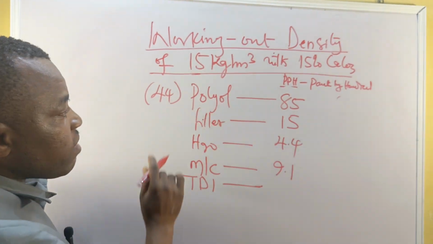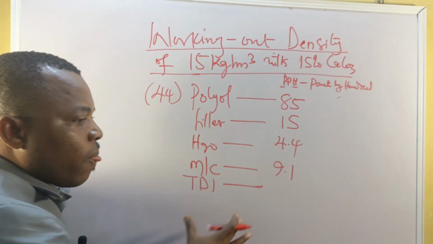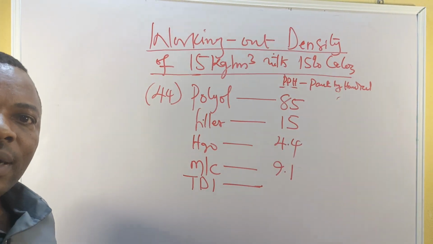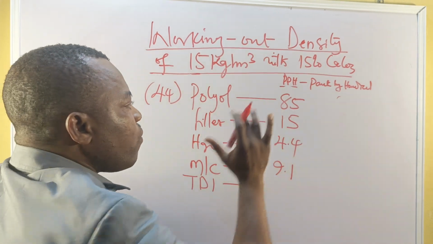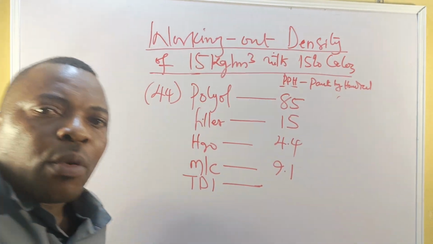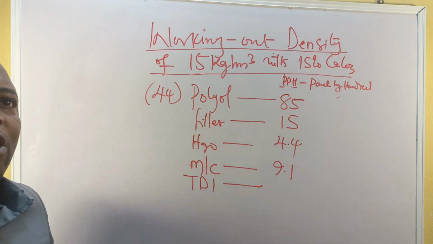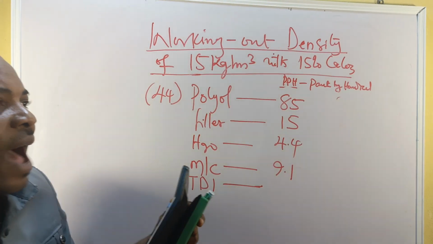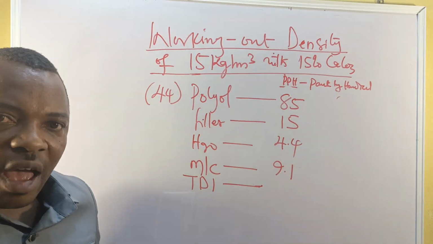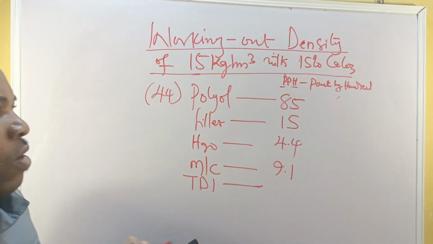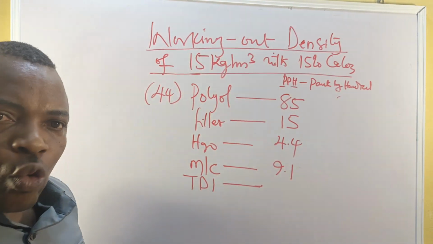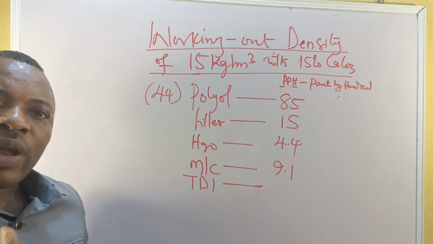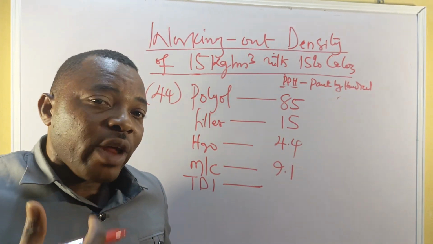Now, we are going to calculate a theoretical TDI index suitable for this formulation, so that you can ascertain that this foam is safe. You don't just assume an index. TDI is consumed in two ways: the amount that will react with water and the amount that will react with polyol.